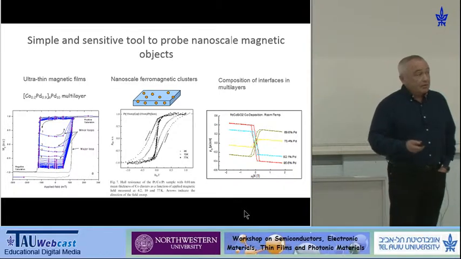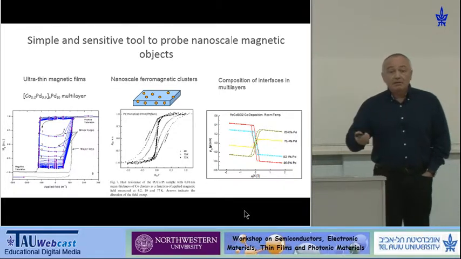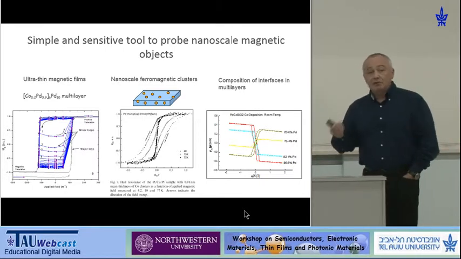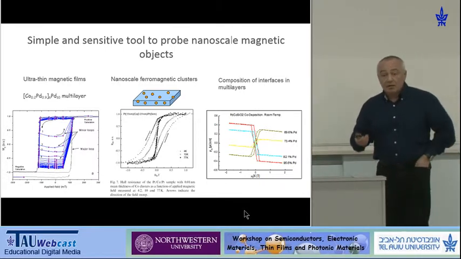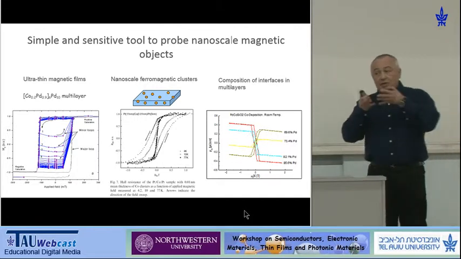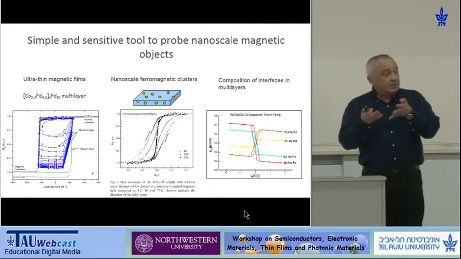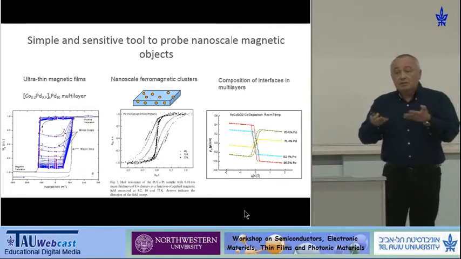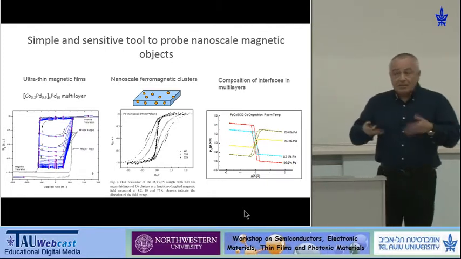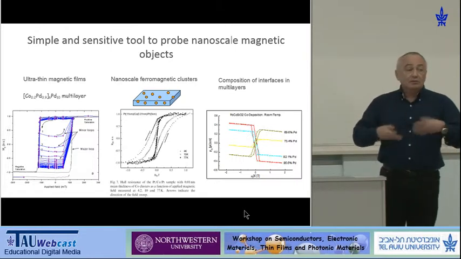For example, when we want to measure very thin magnetic films. Typically the standard methods of magnetization measurement mean that you have your material, you put it into some kind of magnetometer, and you measure the magnetic response. Now, thin films typically sit on some substrate. The substrate has its own magnetic contribution.